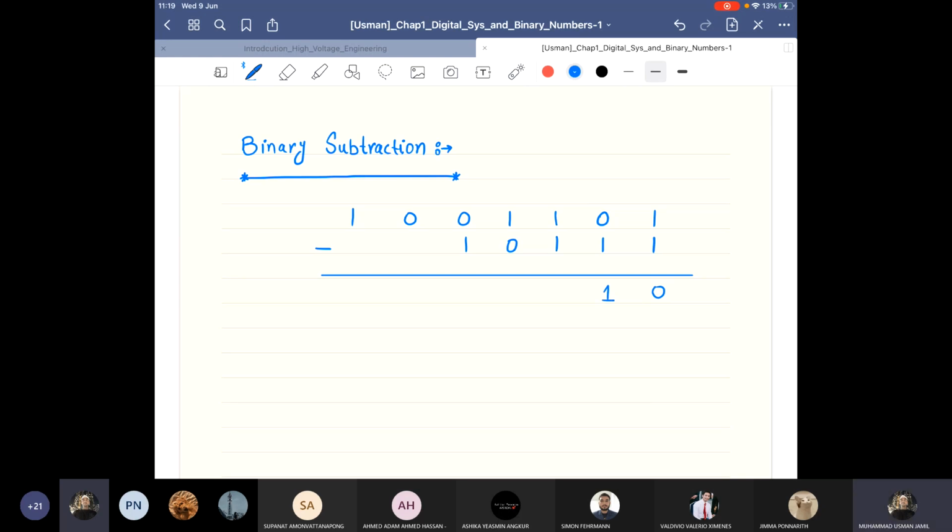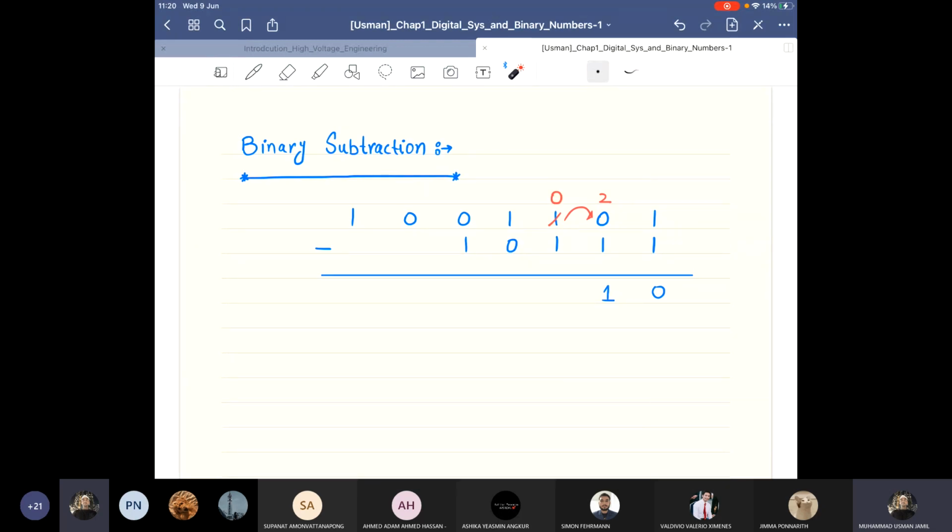And this one is now 2 because we borrowed this 1 here. Here it remains 0, and here it remains 0, because this one goes here. So 1 0 is 2, and 2 minus 1 is 1. Now this one carries there, so this one remains 0.